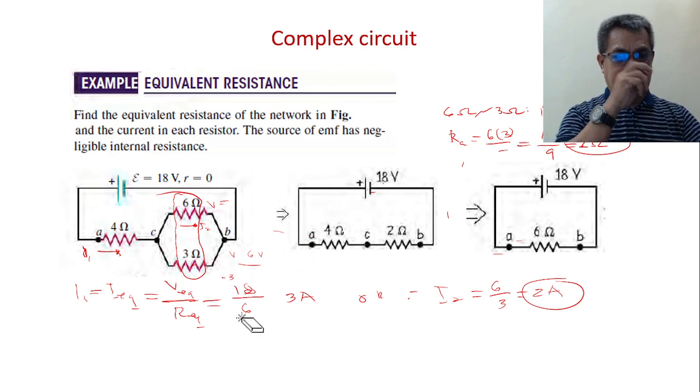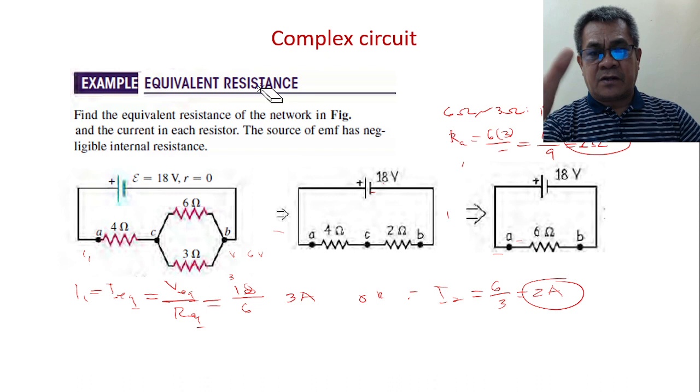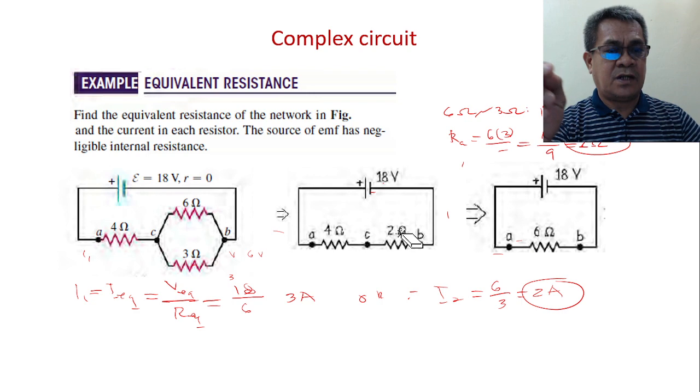Look at the strategy. The strategy is from the complex, in this case, this is connected in parallel, so we can combine this. The result is 2. This is actually the same drawing that we did a while ago.